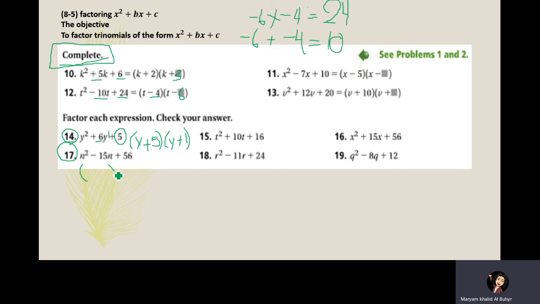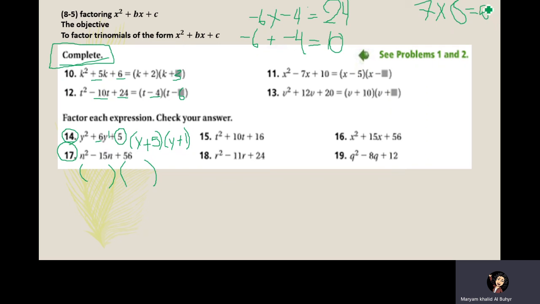So here, think about two numbers. Once we add them, we will get -15. Once we multiply them, we will get positive 56. You know it easily: 7 times 8 is 56.